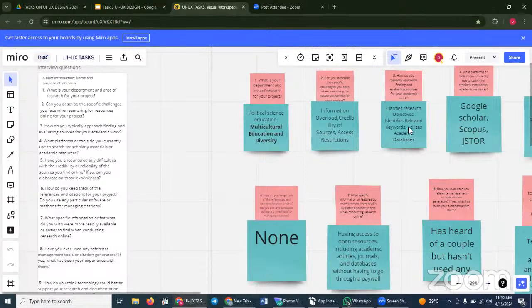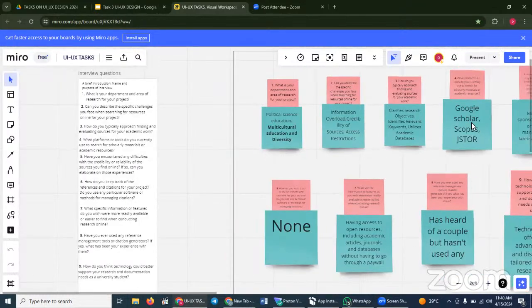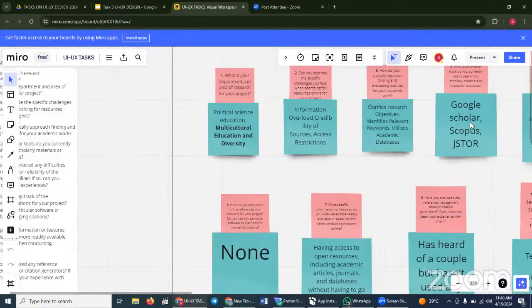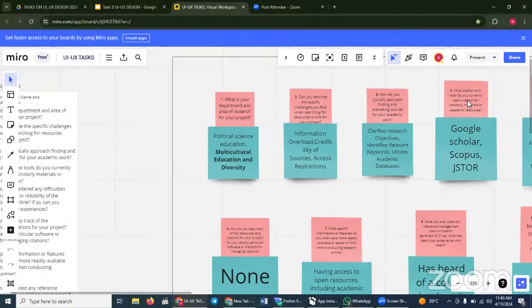Secondly, he identifies the relevant keywords for his area of research, and then utilizes some academic sites. And then the fourth question: what platforms or tools do you currently use to search for these materials? Google Scholar, Scopus, and then he mentioned JSTOR.